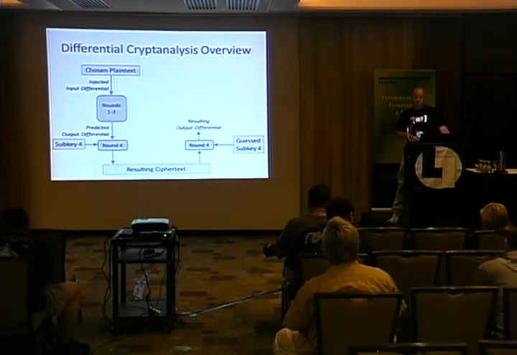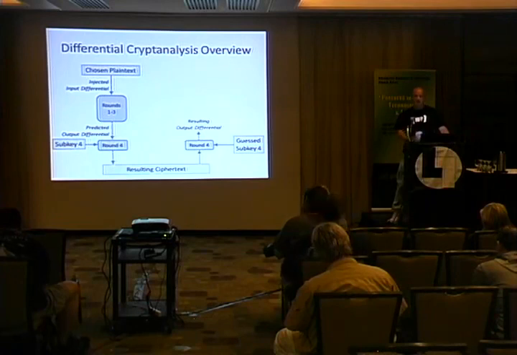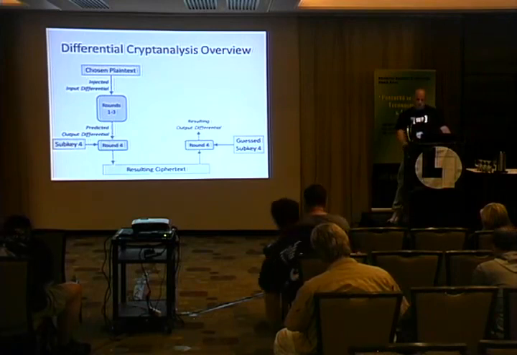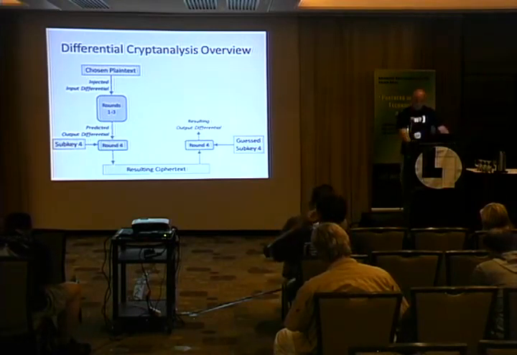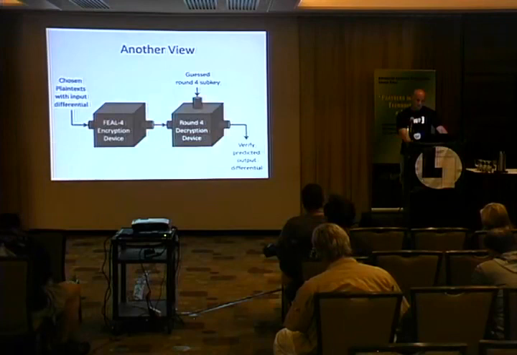We're going to partially decrypt it while guessing the last subkey. And we're going to get a resulting text, and we're going to see if it matches a predicted output differential. As I said, we'll revisit this in a minute, and it might make more sense, but that's the idea of what we're doing, zoomed out.